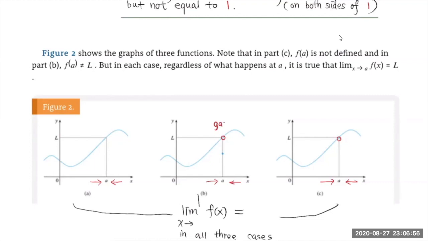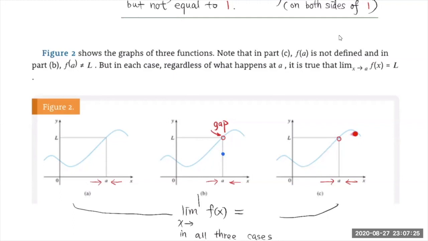You have a gap over here, and then the function value over here is actually defined to be a different number, which is not equal to this L over here. So the function value will be over here.